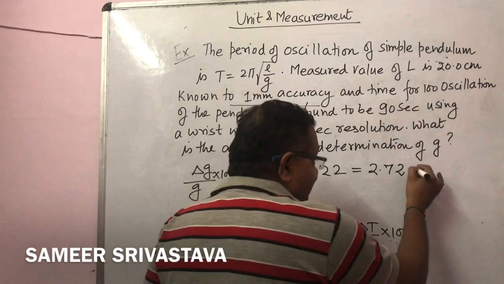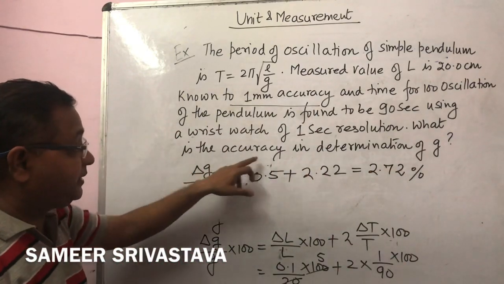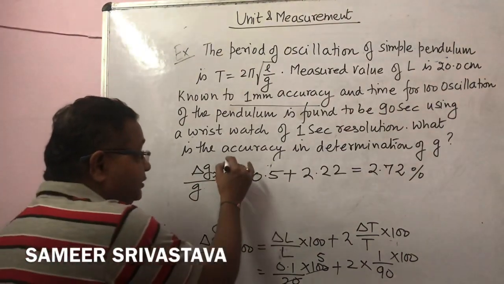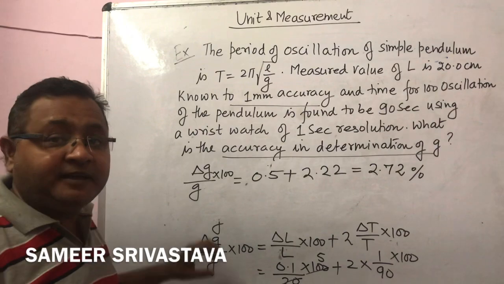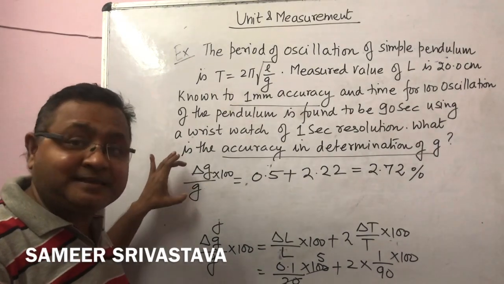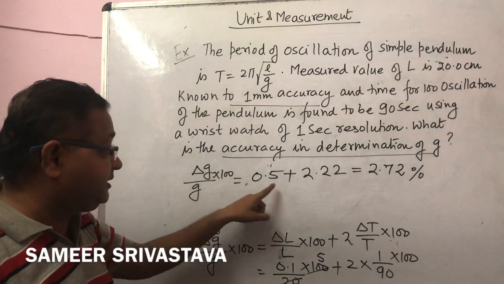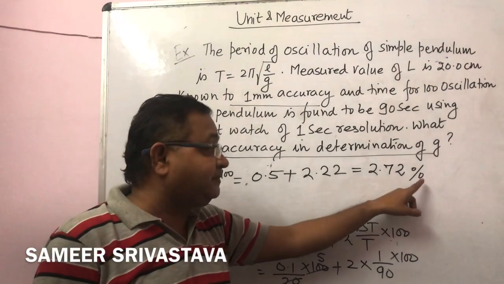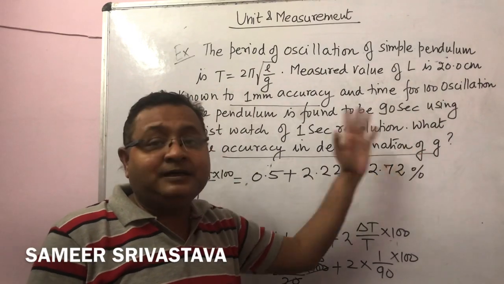So the accuracy for determination of g, as the question asks, means we have to find the percentage relative error for g, that is delta g upon g. This must be 2.72%. It must be this much accuracy for g.